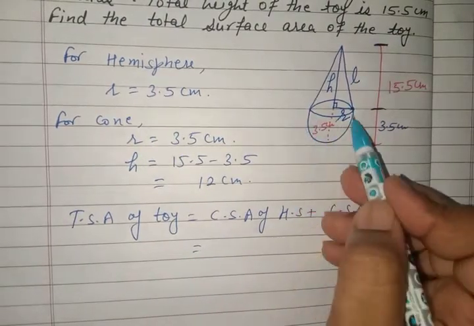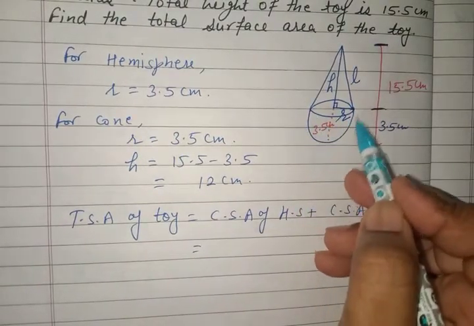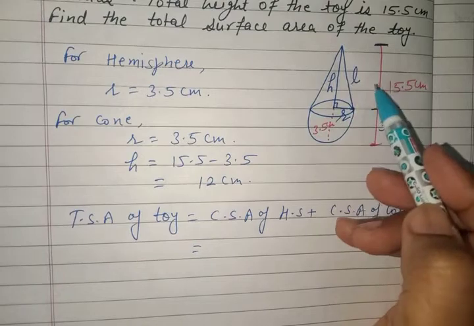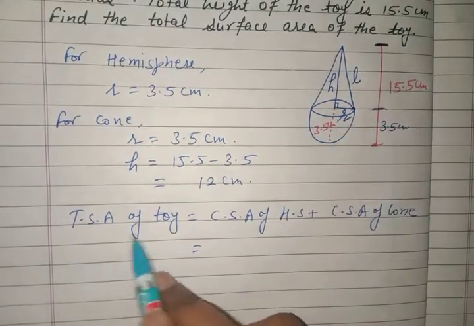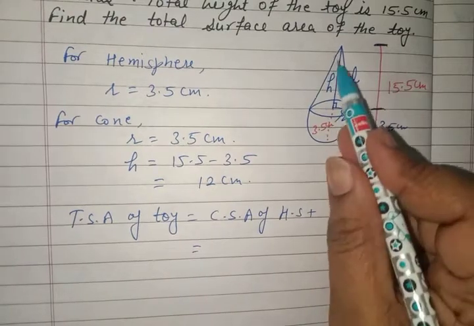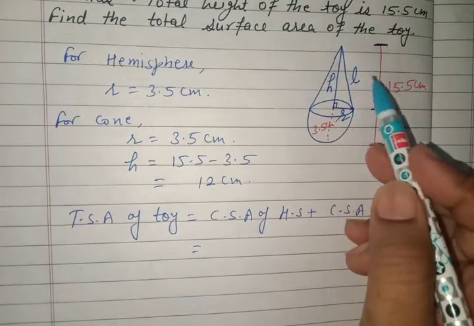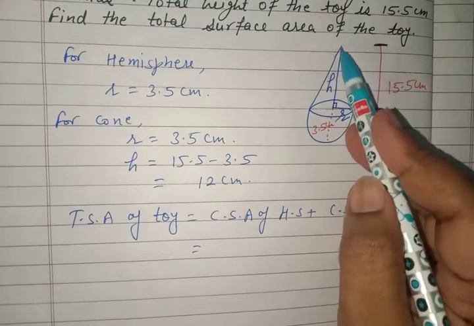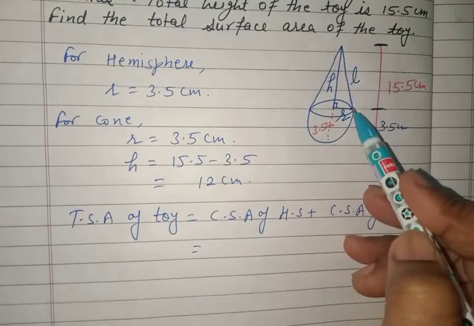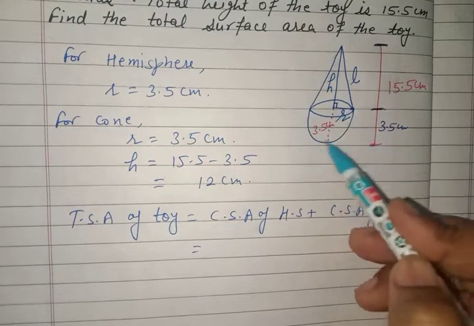This curved part of hemisphere and curved part of cone, because these two figures are joined. So total surface area of the toy means the surfaces which are exposed, which are in front of us. If we see this toy, this is the inner part. So the outer part is only the curved part, this curved part and this curved part.